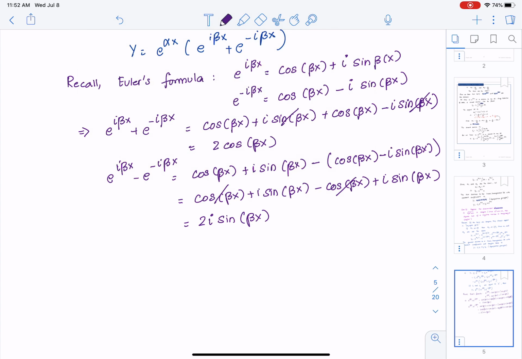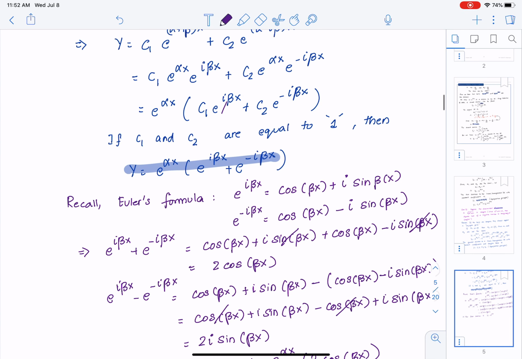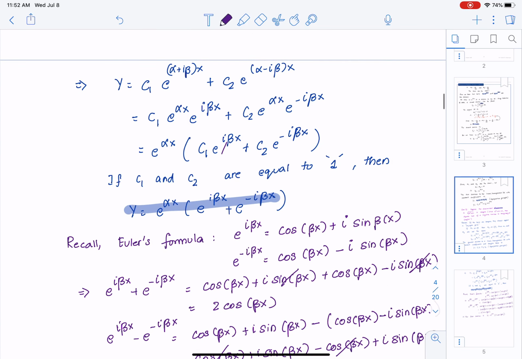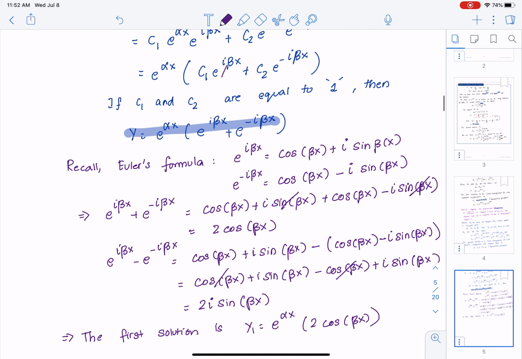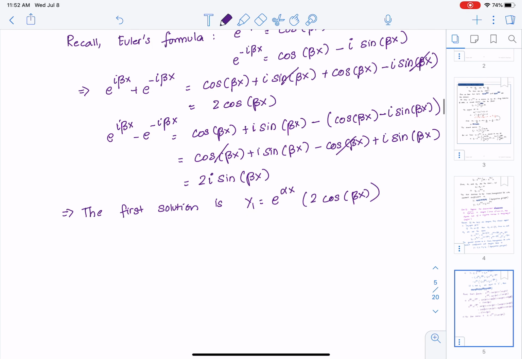So the first solution, which is right here, is e raised alpha x multiplied by 2 times cosine beta x. So that is our first solution. Now, how did we get that first solution? We ended up setting c1 and c2 equal to 1.